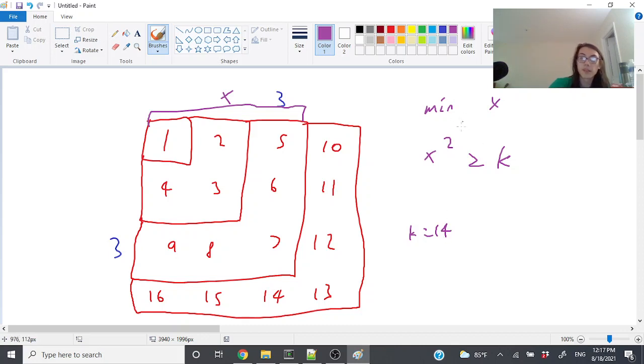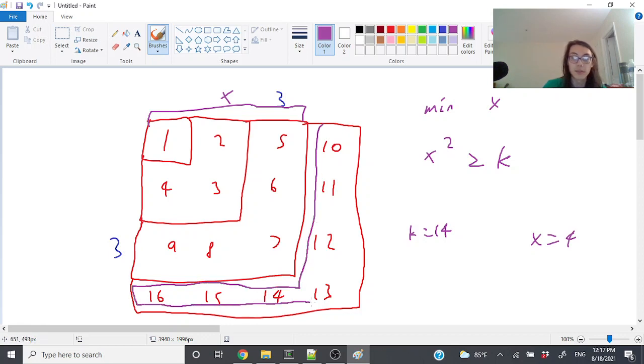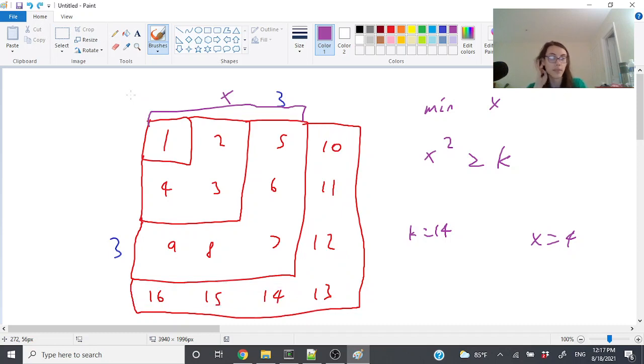The minimum x where x squared is greater than or equal to k is x equals 4, and it's going to be in this group. It's going to be 4 away from the origin, sort of. If you think of it like moving a king on a chessboard, it's going to be 4 away from the point 0, if you think of 0 like this. I'm just trying to represent it in a way that maybe makes sense.